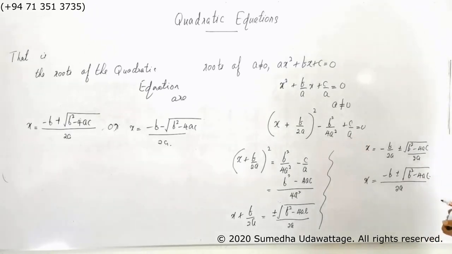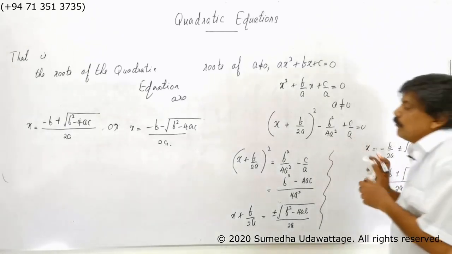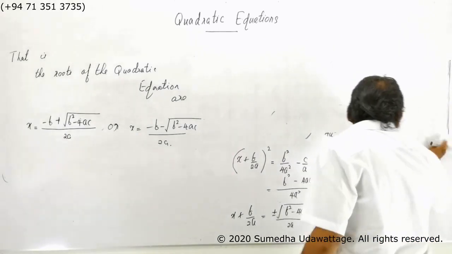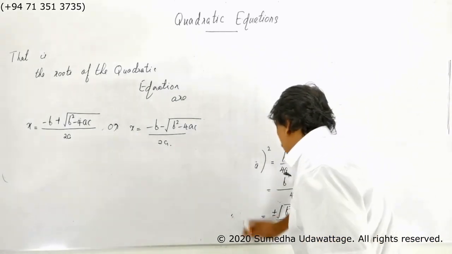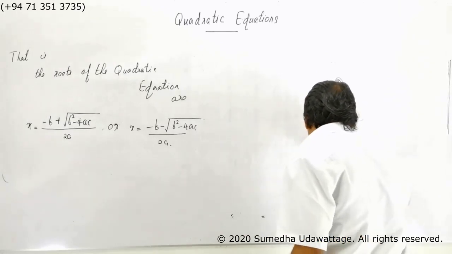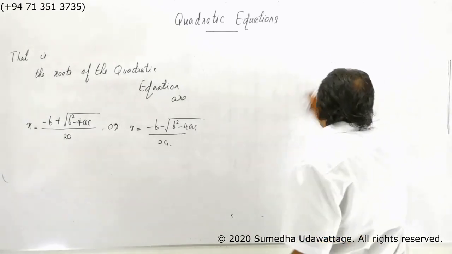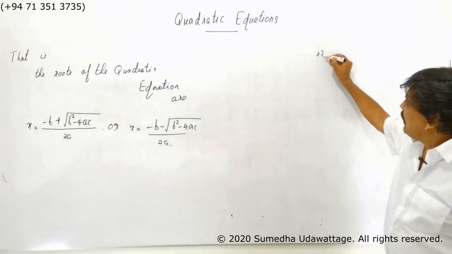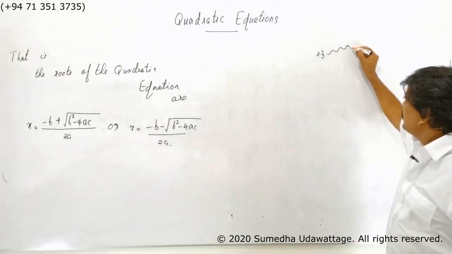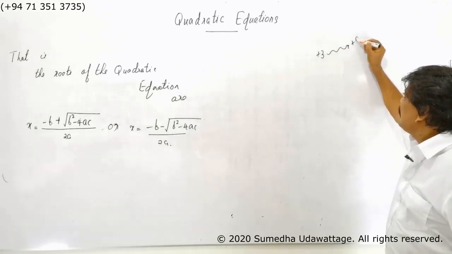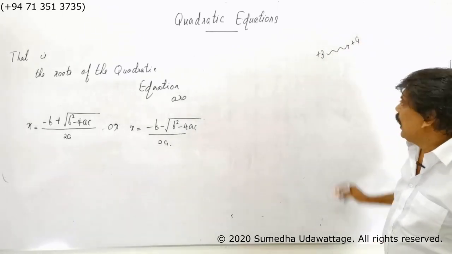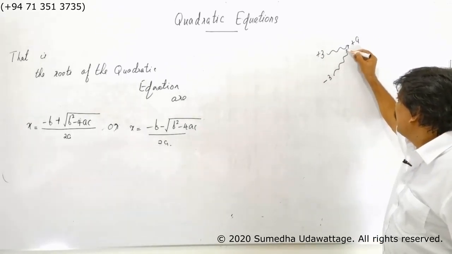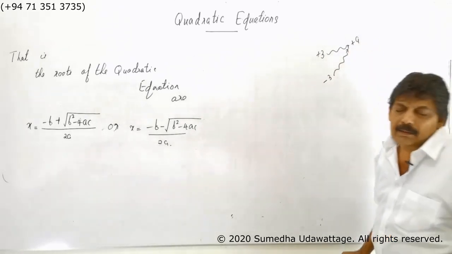Now look here, you take plus 3, you square it, you get plus 9. You take minus 3, you square it, again you get plus 9.